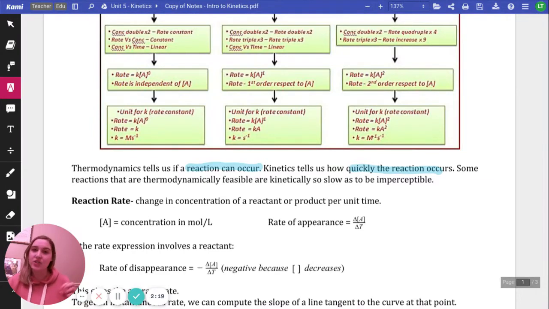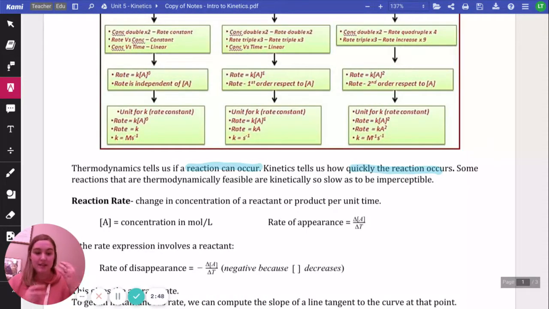Versus something like hydrogen peroxide, which most of you probably have in your medicine cabinet, that is constantly breaking down, but it's a very slow reaction, so it's not perceptible to us. But if we add a catalyst, it happens really quickly, and we're able to see the reaction. That's elephant toothpaste, guys. So even if it is thermodynamically favorable, kinetically, sometimes it's a really, really slow reaction.